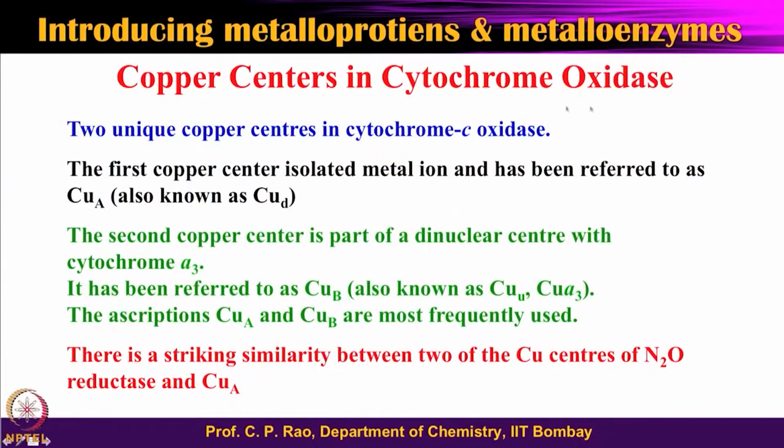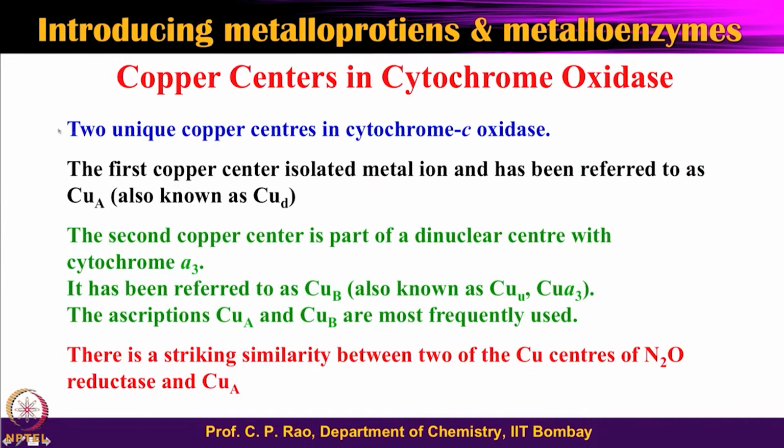All that you need to understand from this particular slide is that you have a type 1, a type 2, and a type 3, and there are enzymes where all of these are present together. Whenever type 1 is present, it will have the blue color, even if other centers do not give the blue color. Okay, there are other special types of copper centers present in cytochrome c oxidase.